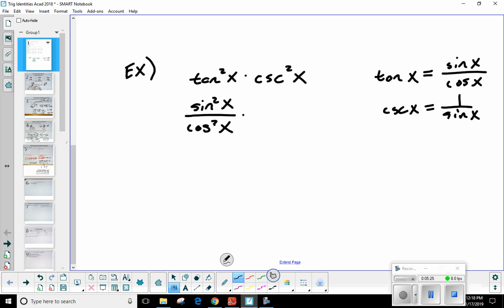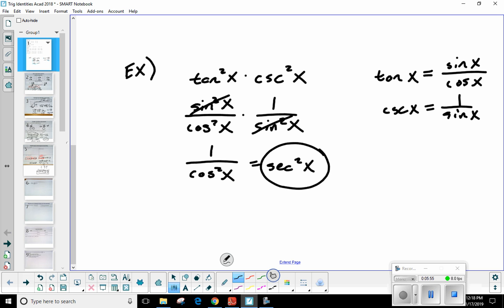They are reciprocals. So cosecant squared is 1 over sine squared. Now this was a really good way to do it. What do you notice? Yeah, the sine squareds cancel. So 1 over cosine squared. Now 1 over cosine is secant, because that's the reciprocal identity. So 1 over cosine squared is secant squared. There you go.